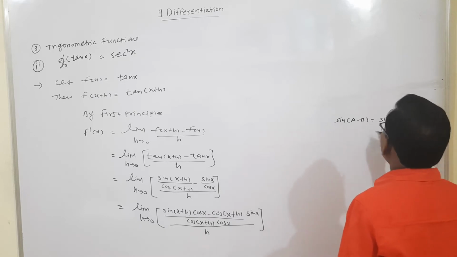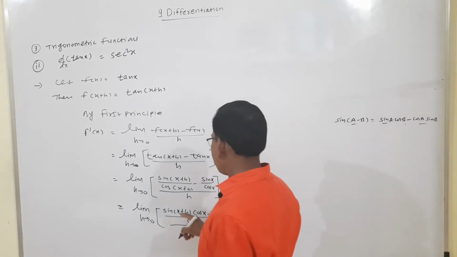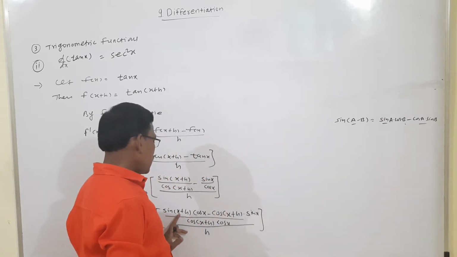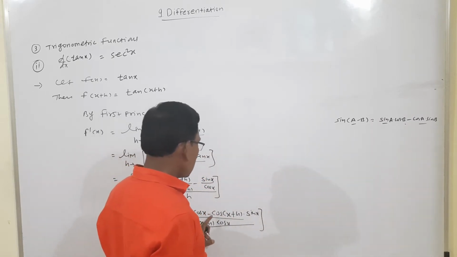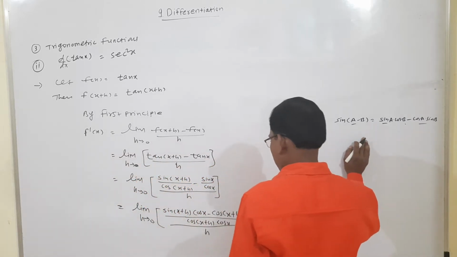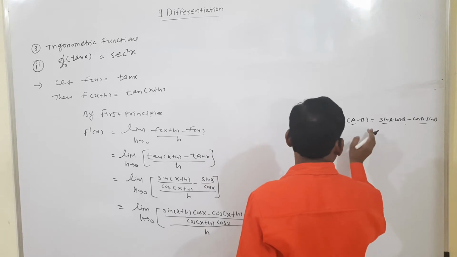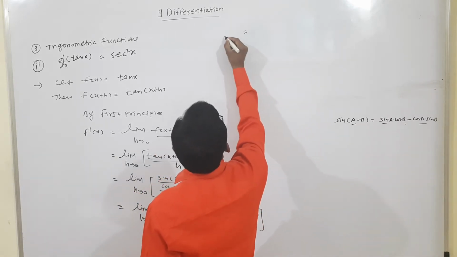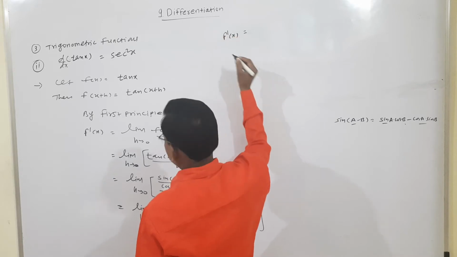We use this formula. Here a means x plus h and b means x. So here it is sin a into cos b minus cos a into sin b. So we have the right hand side, so we write the left hand side with this formula.